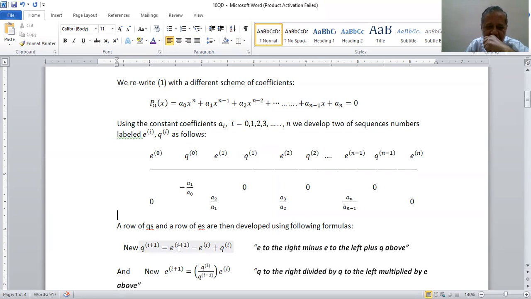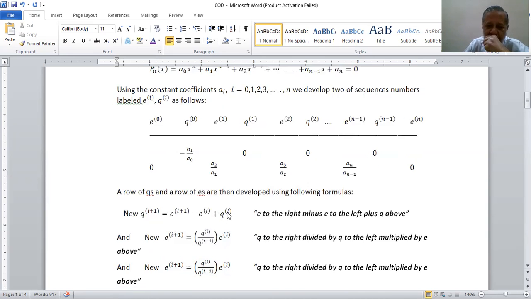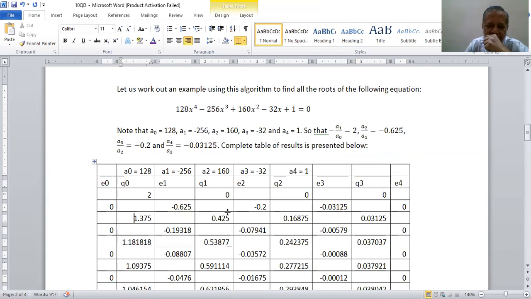Every new Q value is developed using the above two E values' difference added to the last Q value. Similarly, a value of E in any column is developed using the ratio of the above two Q values multiplied by the last E value. Using this algorithm, you can say that the calculation goes like this.